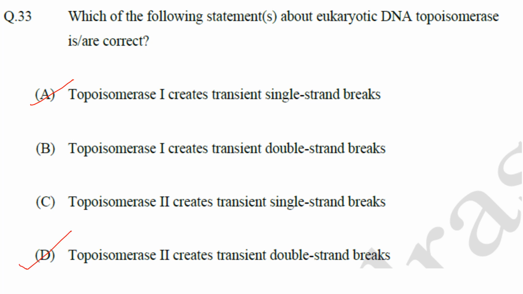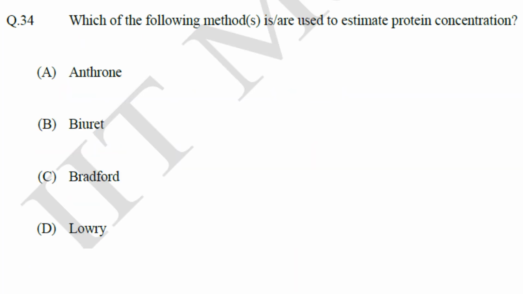Topoisomerase 2 creates transient double strand breaks. Then next one. Which of the following methods are used to estimate protein concentration? Anthrone is not used, Biuret is used, Bradford is used, Lowry's is also used for determining protein concentration. B, C and D.